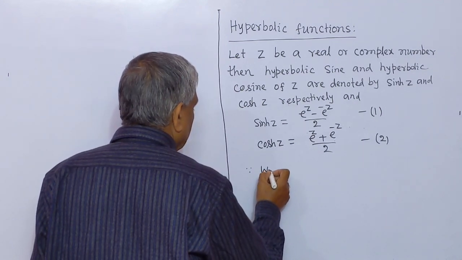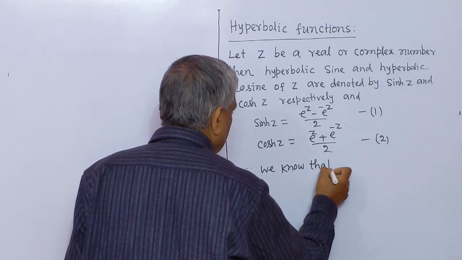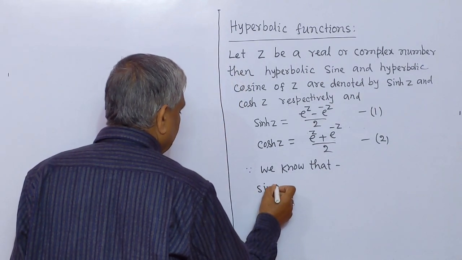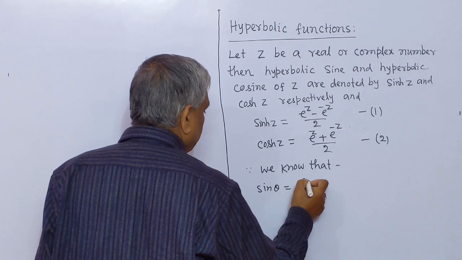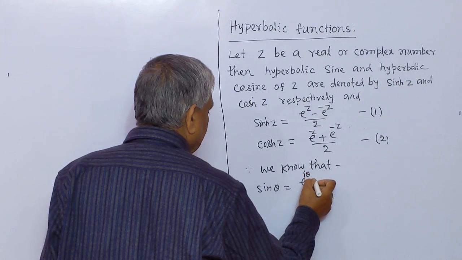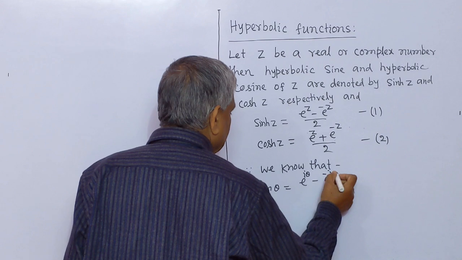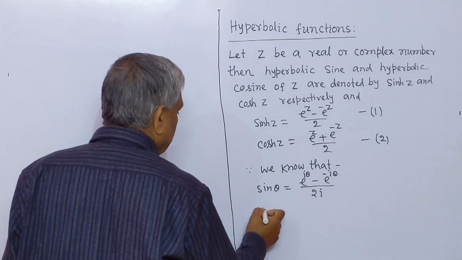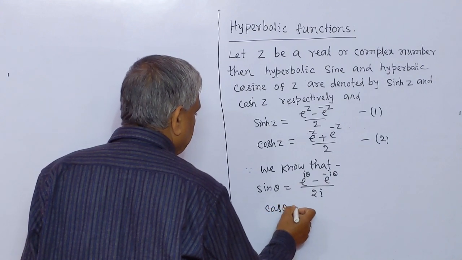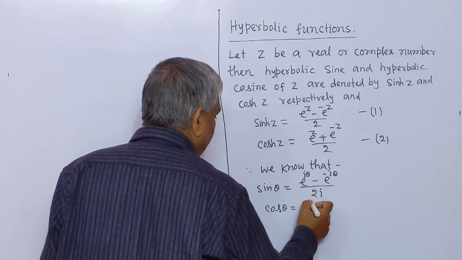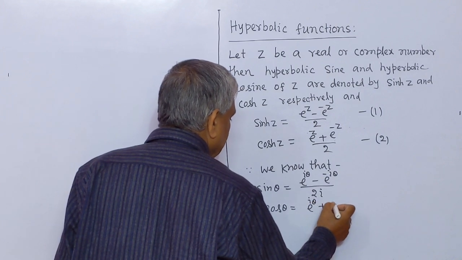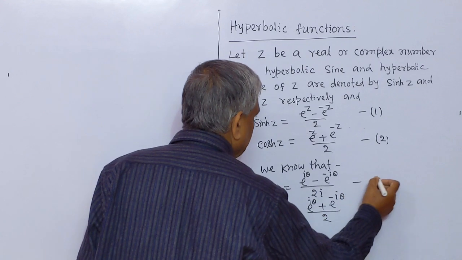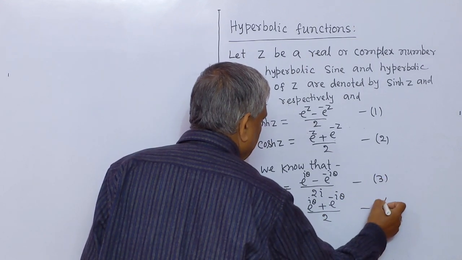Since we know that sin theta equals e to the power i theta minus e to the power minus i theta by 2i, and cos theta equals e to the power i theta plus e to the power minus i theta by 2. This is number 3. This is number 4.